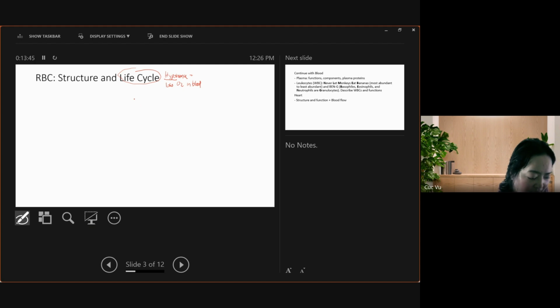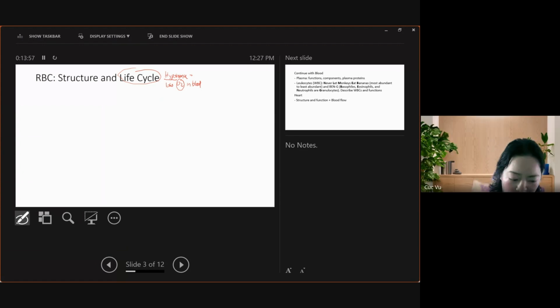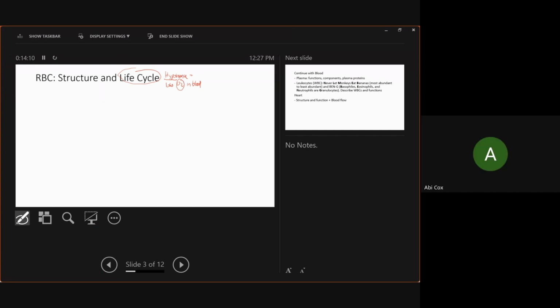So what's going to happen is that homeostasis is going to sense that you have low oxygen levels in blood. Okay, what's it going to do? Hypoventilation. No. Internally, what is it going to do? Is it going to cycle the blood faster?